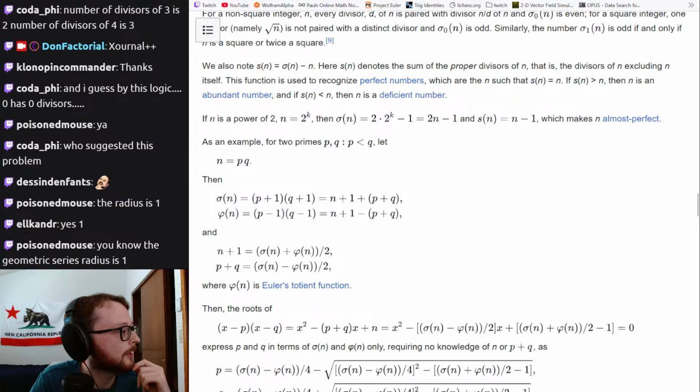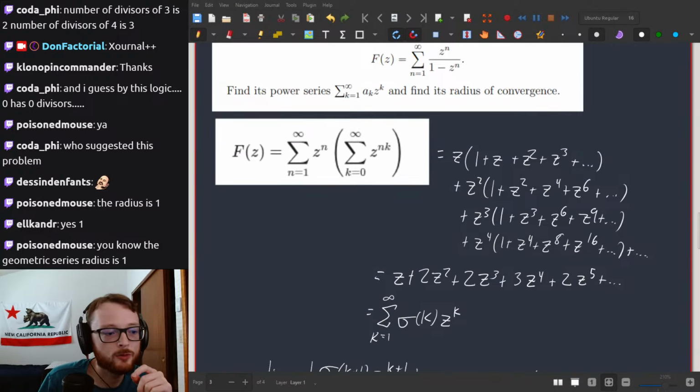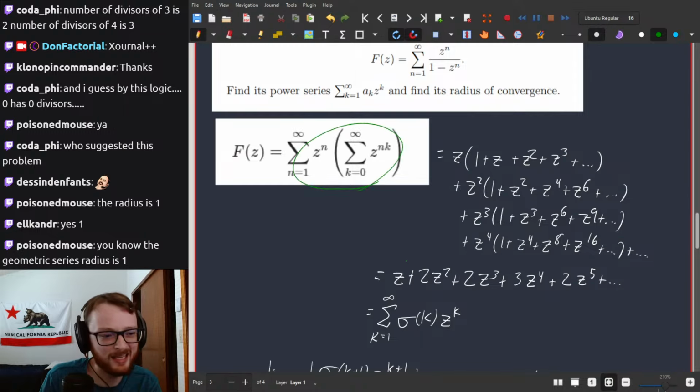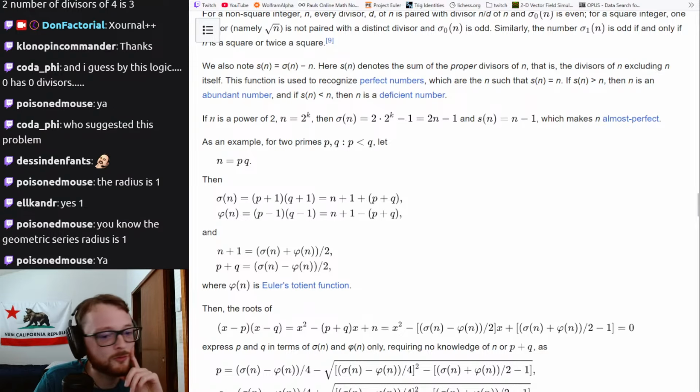I was thinking that once we used your step here, we are restricted that z to the n is less than 1, which means z is less than 1. But we could theoretically get a further restriction somewhere else, right? Isn't it still important to check this?